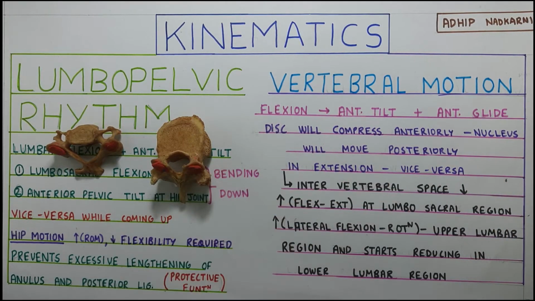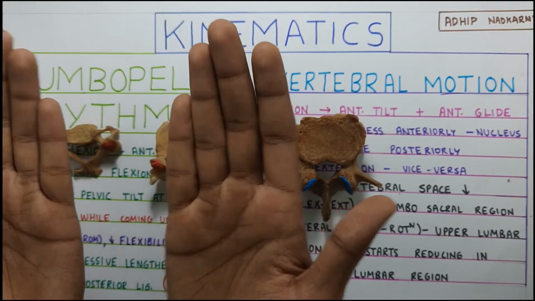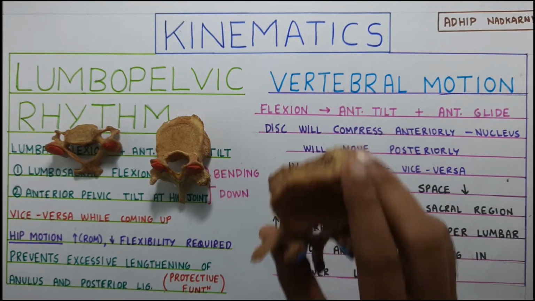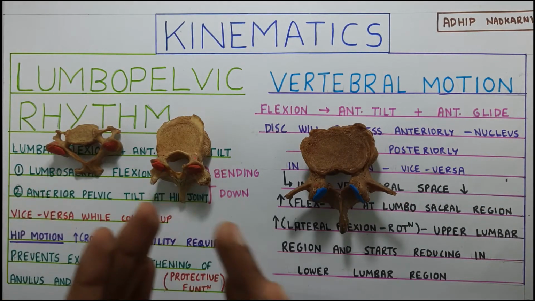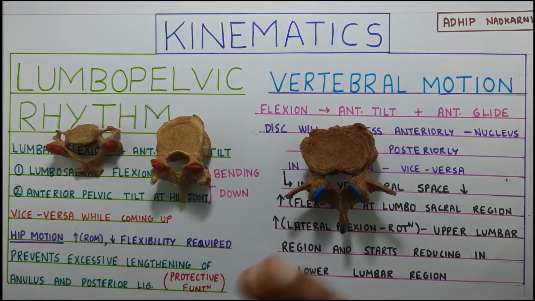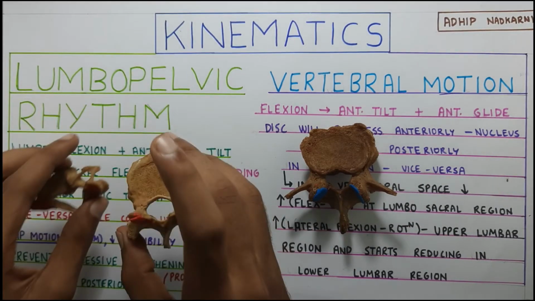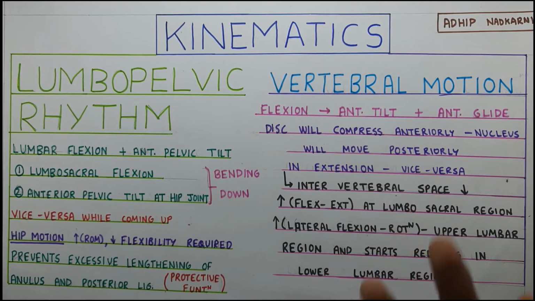And as you go even more down, there will be the sagittal plane orientation. So from transverse we go to frontal, and then from there we go to sagittal, where flexion extension is more. This is how the facet orientation determines which movement is going to be more in that particular region of the spine. So this is how important the facet joint orientation is. And with that we finish off the topic.